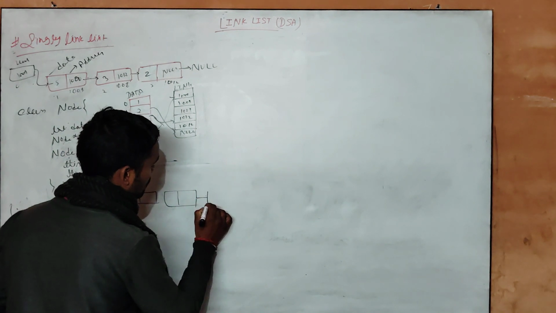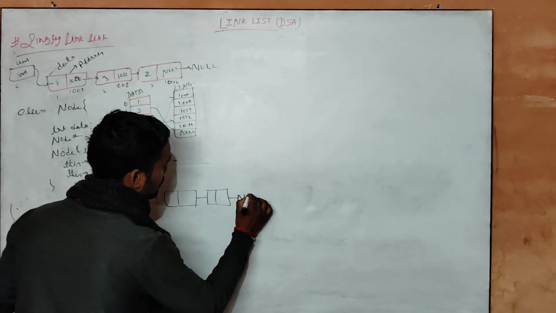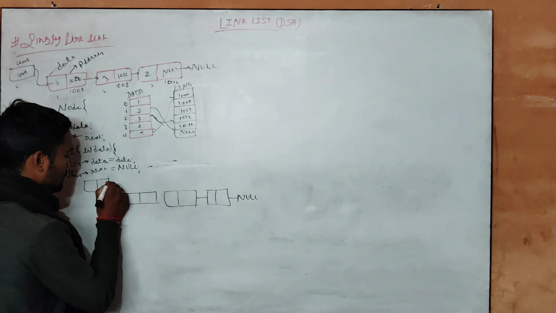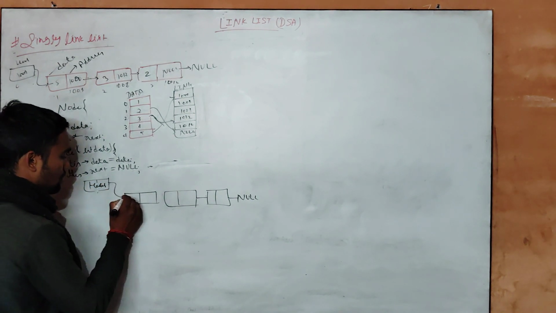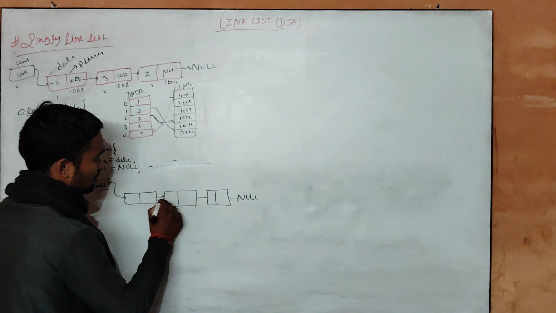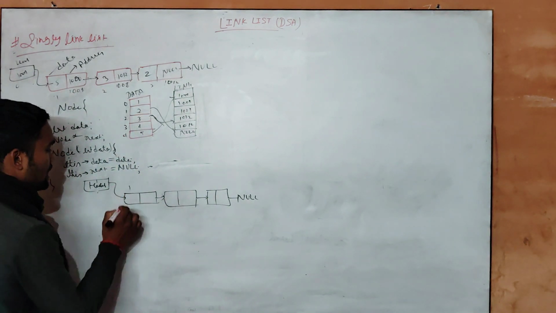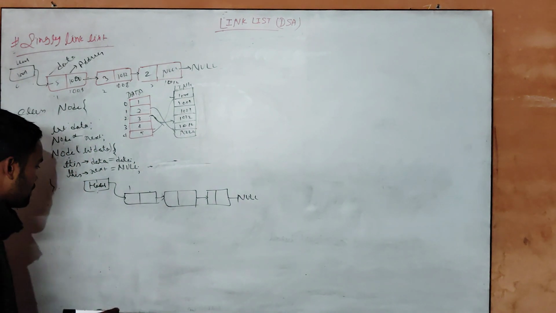Suppose null. Here head pointer, suppose here head. It stores data, it stores address. Suppose I make one node.